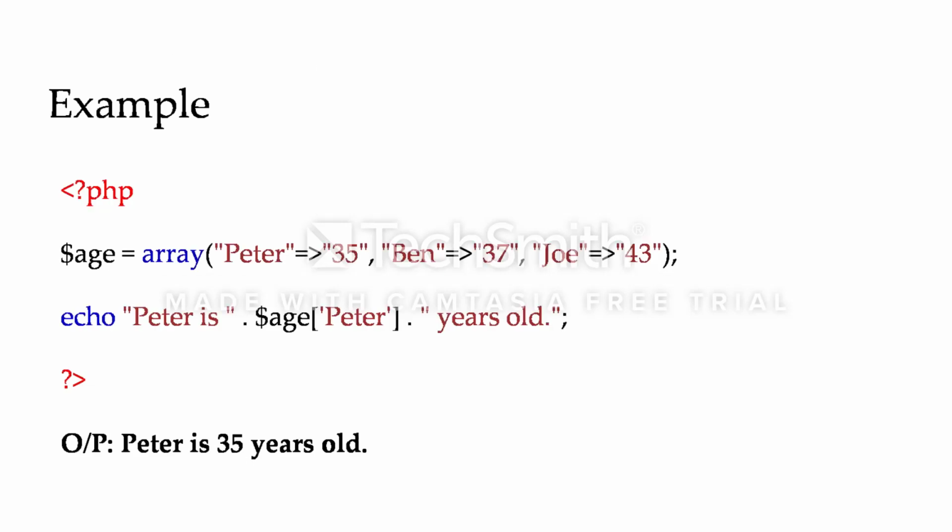In this associative array example, we take one variable, that is age, using the array function for storing the key values. Here Peter, Ben and Joe are the keys of the array. Likewise 35, 37 and 43 are the values of those particular keys that are associated in the array. So in this example we can see that we call our values from the key names.